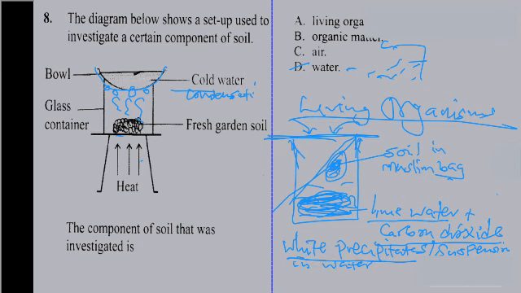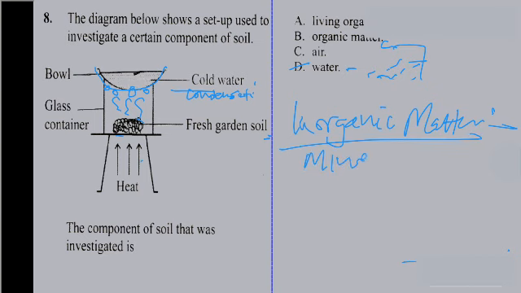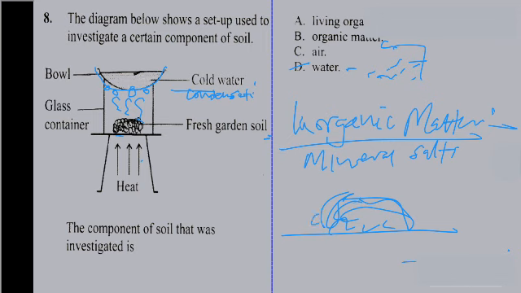That is the experiment. Lastly, how do we test for the presence of inorganic matter or mineral salts? It is simple. Take a tray, put soil on that tray, and then put it somewhere in the sun.